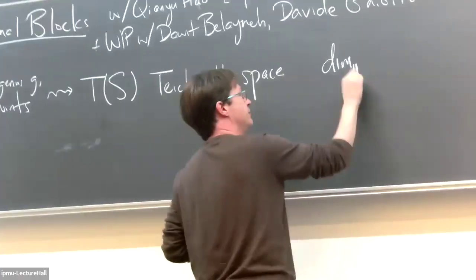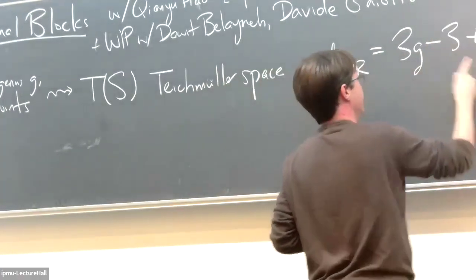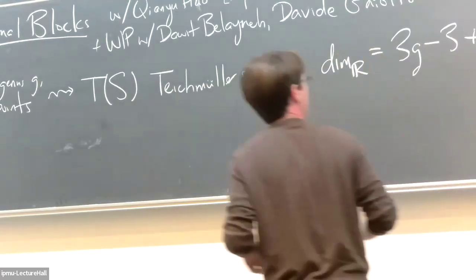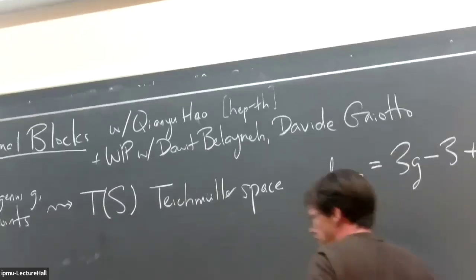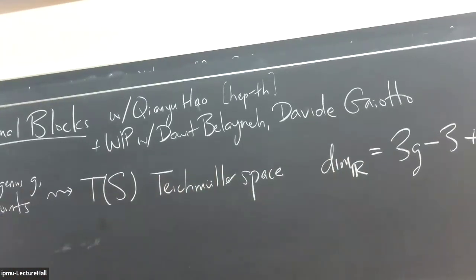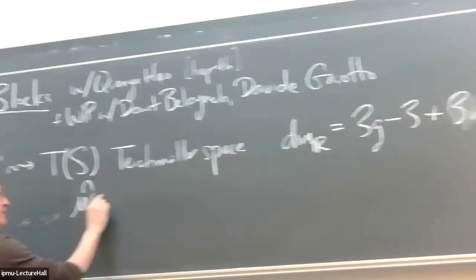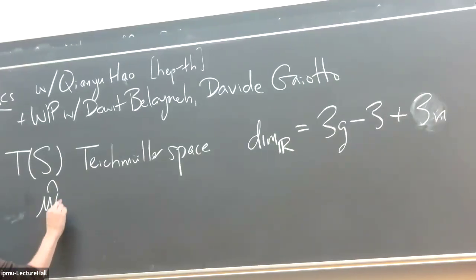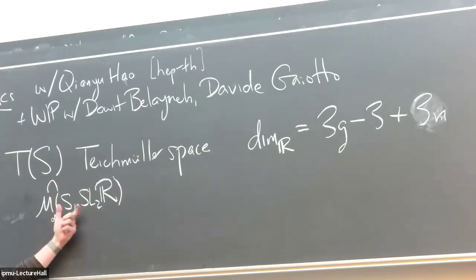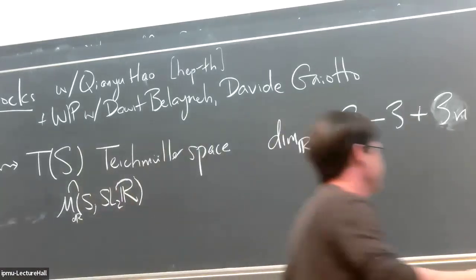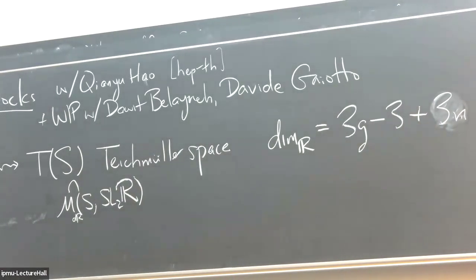It's a manifold, of real dimension 6g minus 6 plus 2n, if g and n are big enough. One other thing to say about it is that it sits inside as a component in the moduli space, in the de Rham space, the SL2R character variety. When I think of it in the character variety, I can either fix or not fix the eigenvalues of monodromy around the punctures.